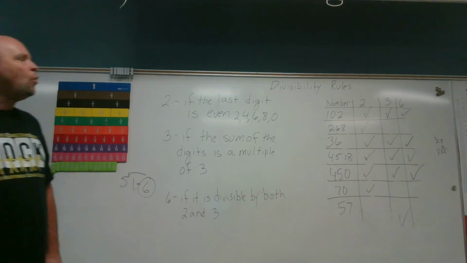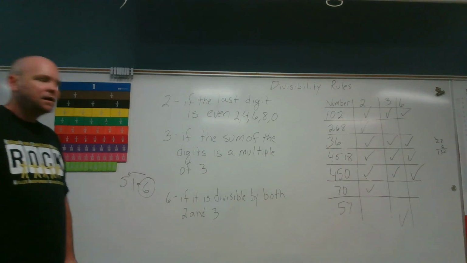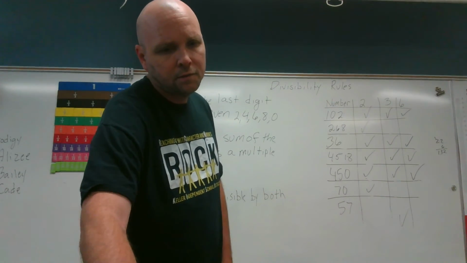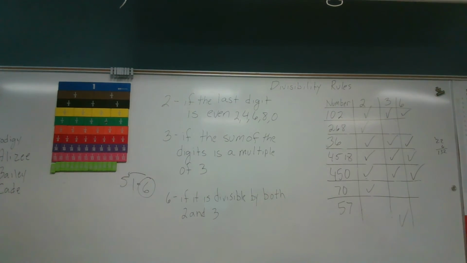Camille, why is 268 not divisible by 6? Because it's not divisible by 2 and 3, just 2. Will, why is 70 not divisible by 6? Because it's not divisible by 3.